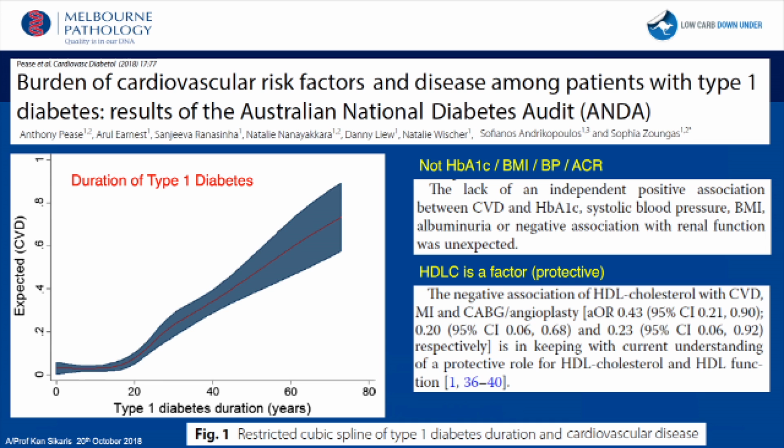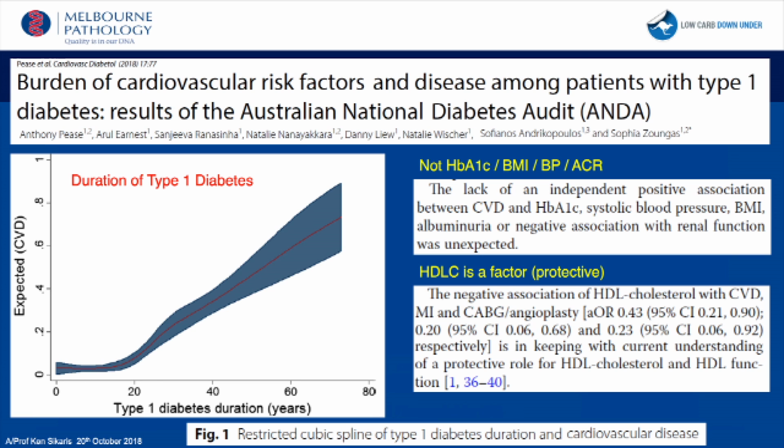And this is a recent study by Monash University that looked at the risk of heart attacks in type 1 diabetics. And they found no relationship of A1C with heart attacks in type 1. No relationship.